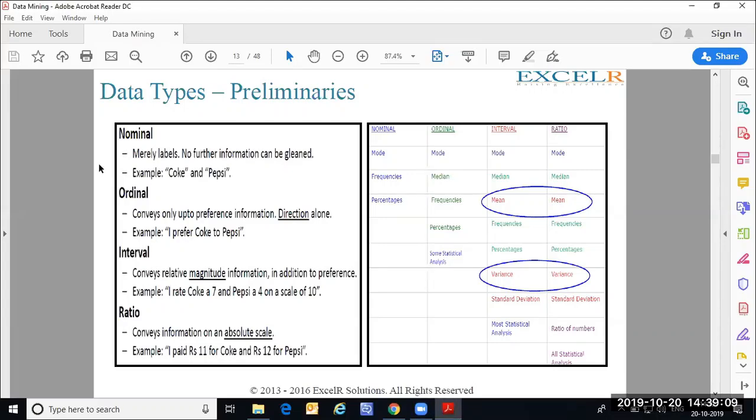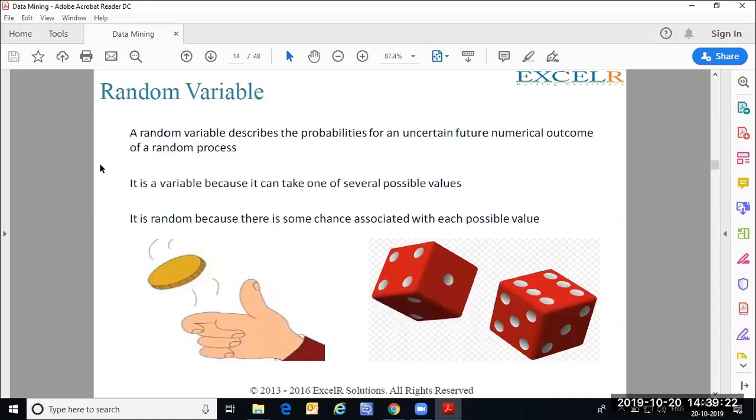Okay. So the data types, continuous and discrete. The measurement scales, we have 4 different measurement scales: nominal, ordinal, interval, and ratio. What is a random variable, friends?